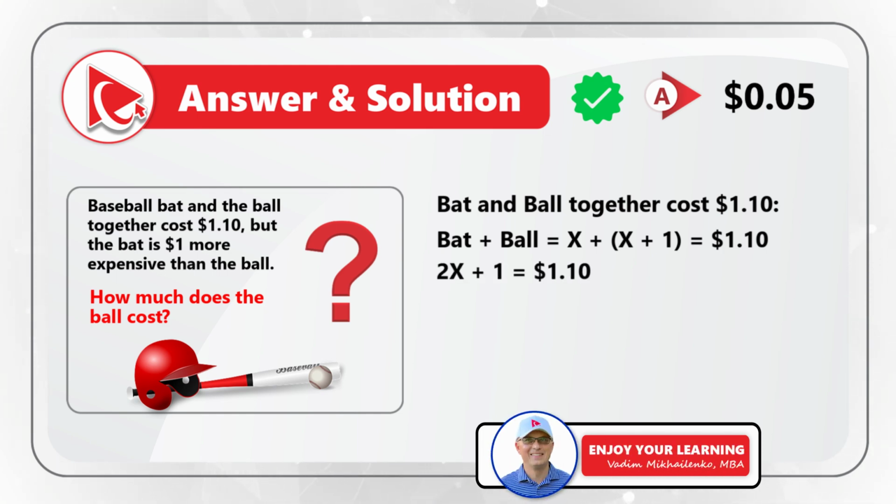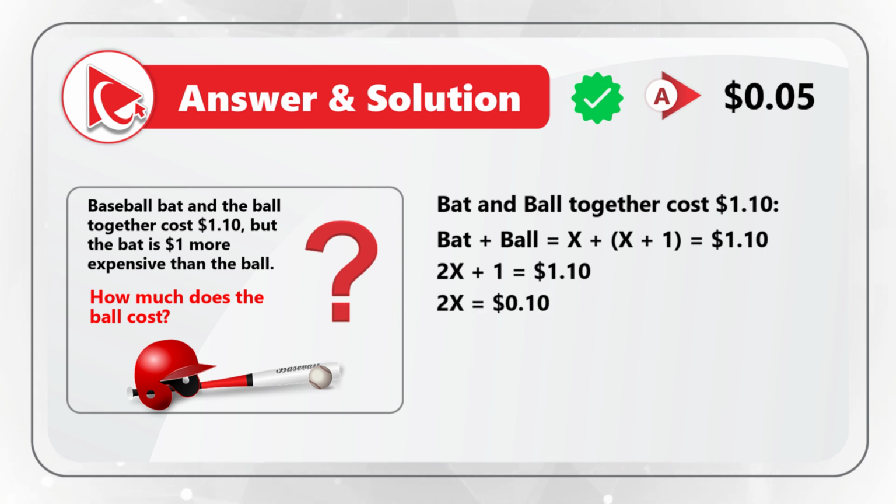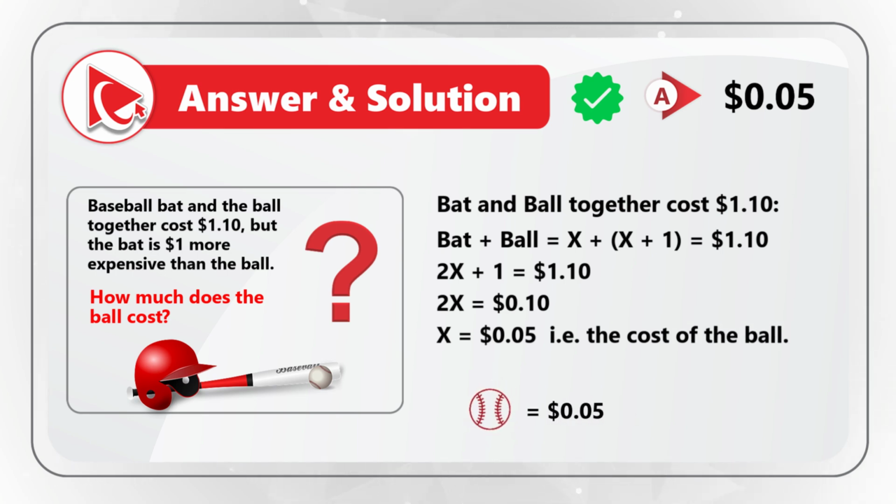If we simplify, we would find out that 2x equals 10 cents, which basically means 2 balls equal 10 cents, which means that the cost of 1 ball, x, equals 5 cents. That tells us that the cost of the ball is 5 cents and the cost of the bat is $1.05.